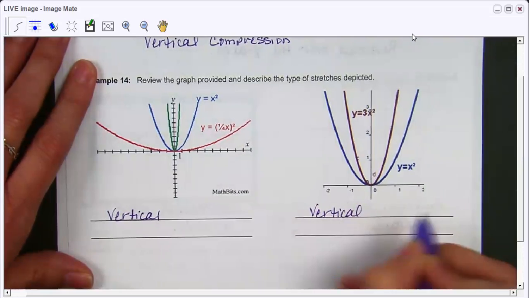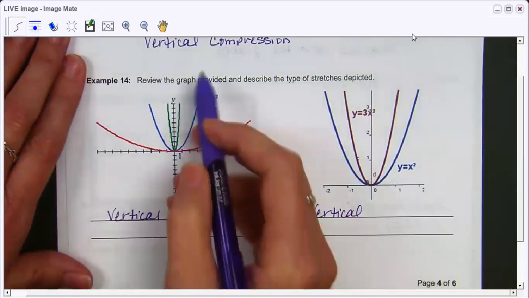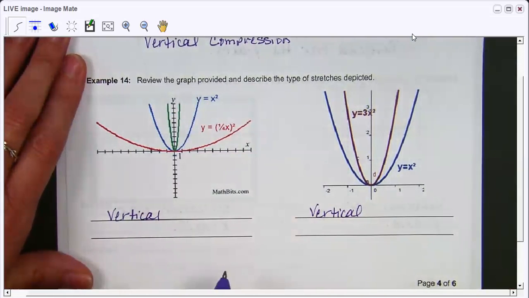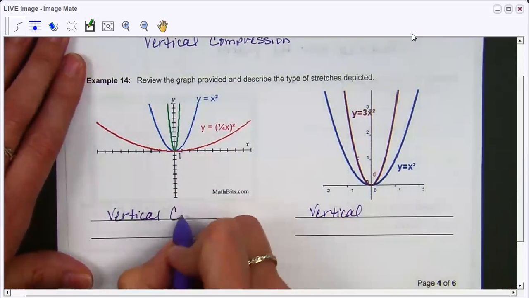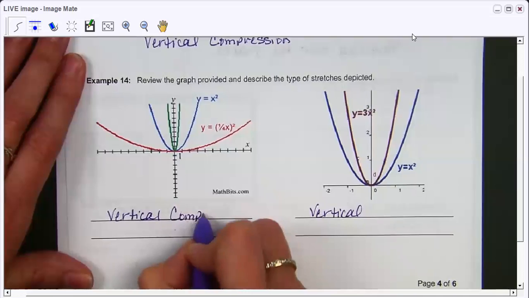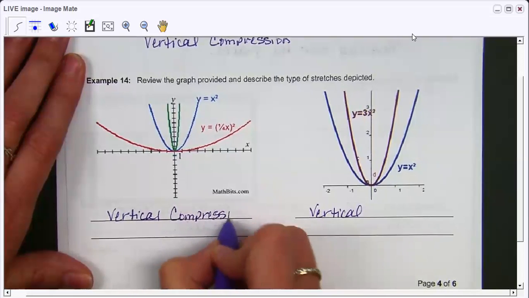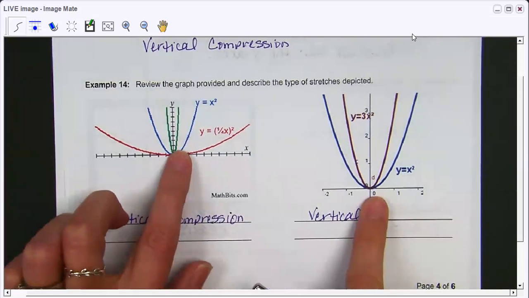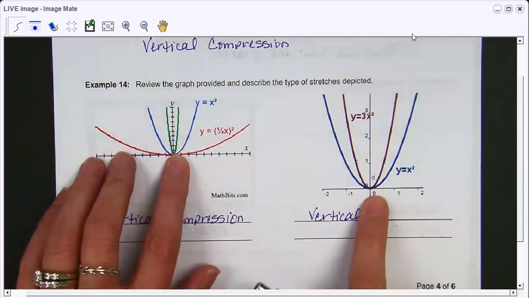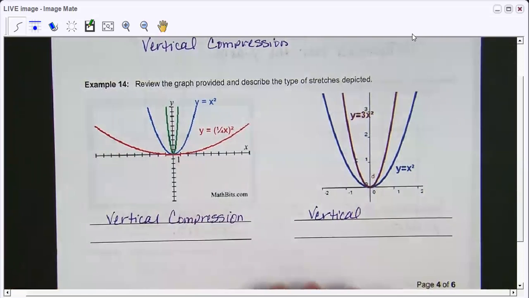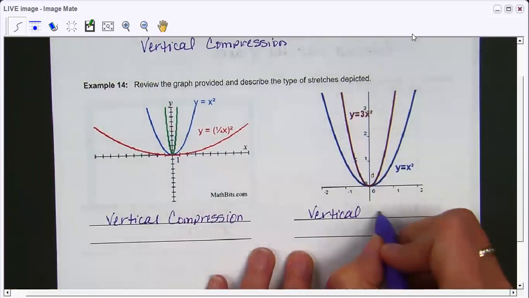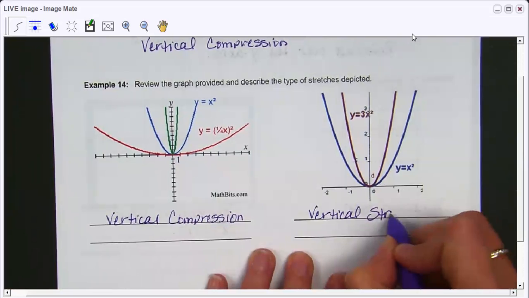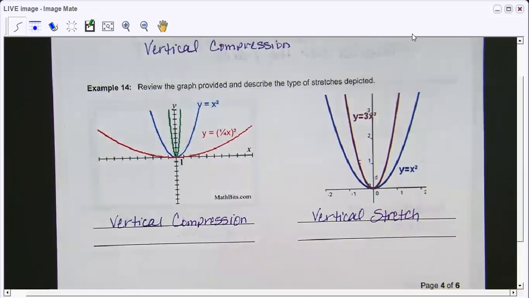From the red to the blue would be a vertical compression, because we're compressing the line down. The blue is the parent function on both of them. The red is the transformed one. Ignore the green one. Okay, that one was pretty easy because we've kind of already done it.